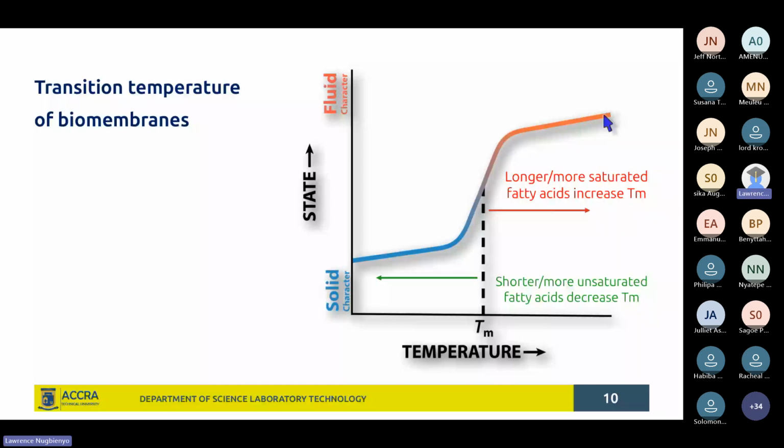The opposite of what can happen is that if the temperature is reduced to a lower temperature, you have the lipid assuming a more solid character. That is, the membrane will be getting solidified.